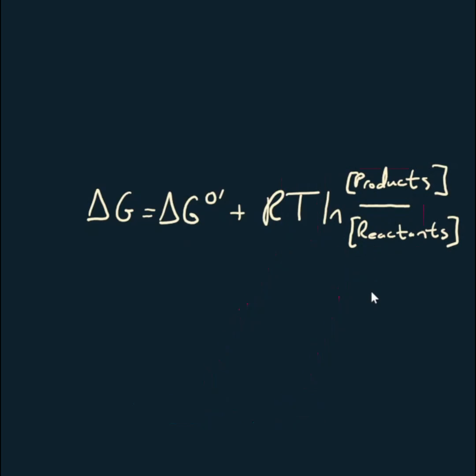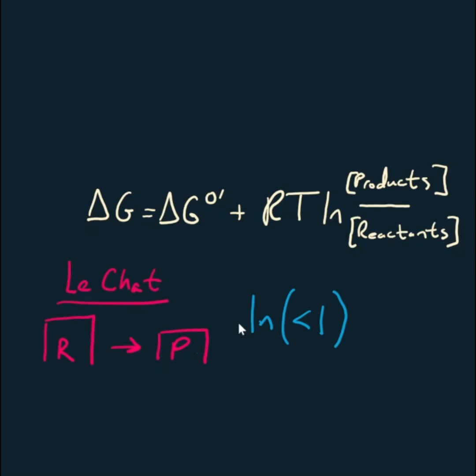So the Q can also be rewritten as products over reactants. Let's say we had higher concentrations of our reactants compared to our products. Le Chatelier's principle is going to favor the side with the lower concentration, and this equation properly reflects that.